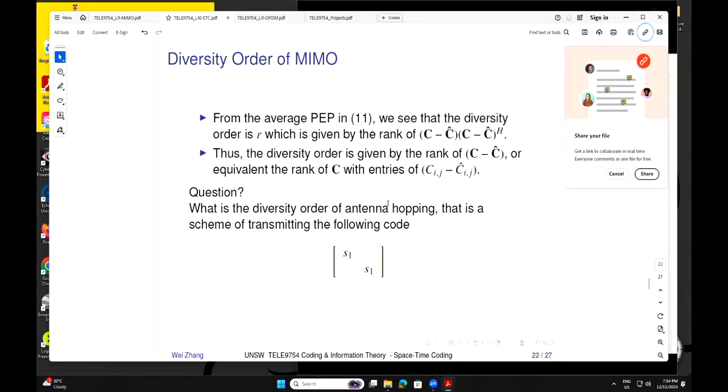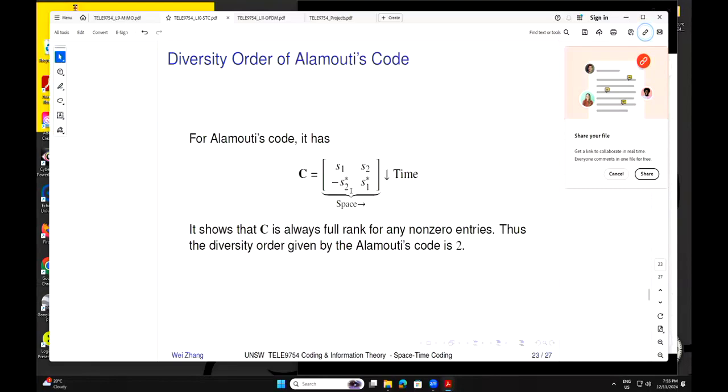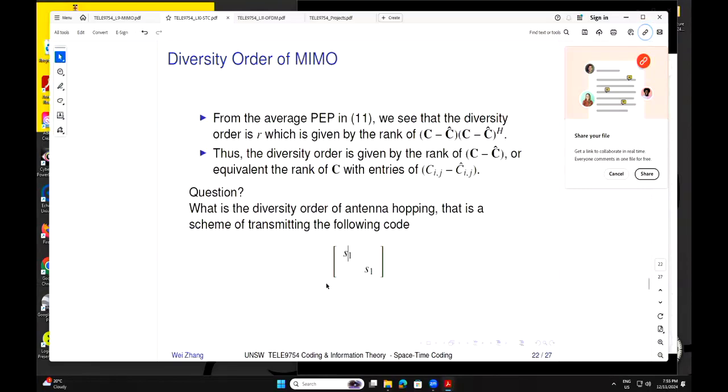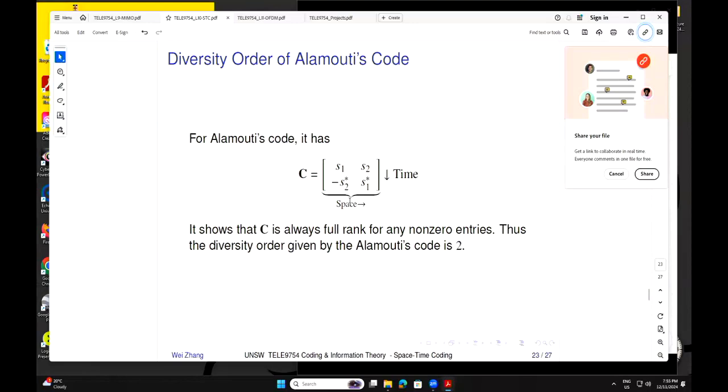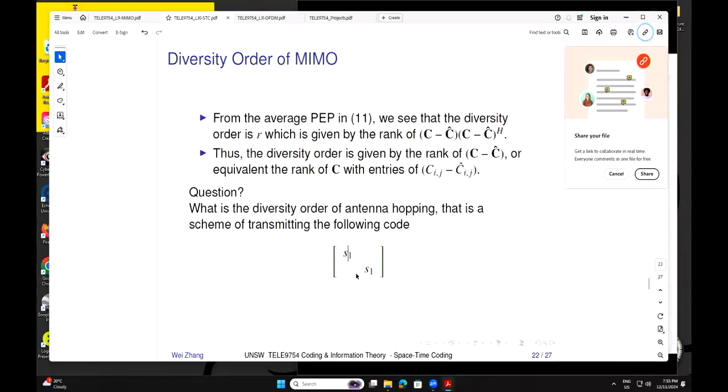You may say, okay, I can also do this. I transmit S1, and then again from the second antenna. You look at this matrix, it's still diversity 2, because the full rank is diagonal. But this one is less efficient than that one, right? Because this time you use 2 time slots to transmit 1 signal, but the arithmetic code uses 2 time slots to transmit 2 signals. So its rate is double that of this scheme.